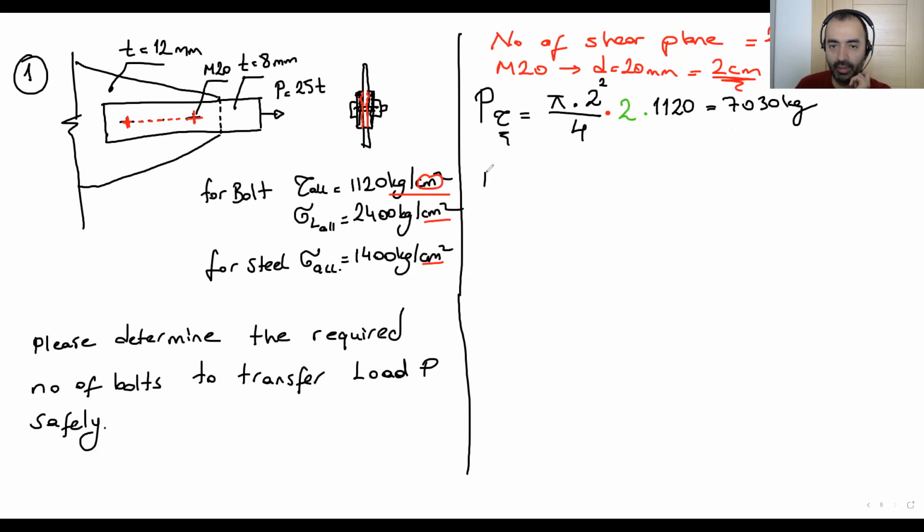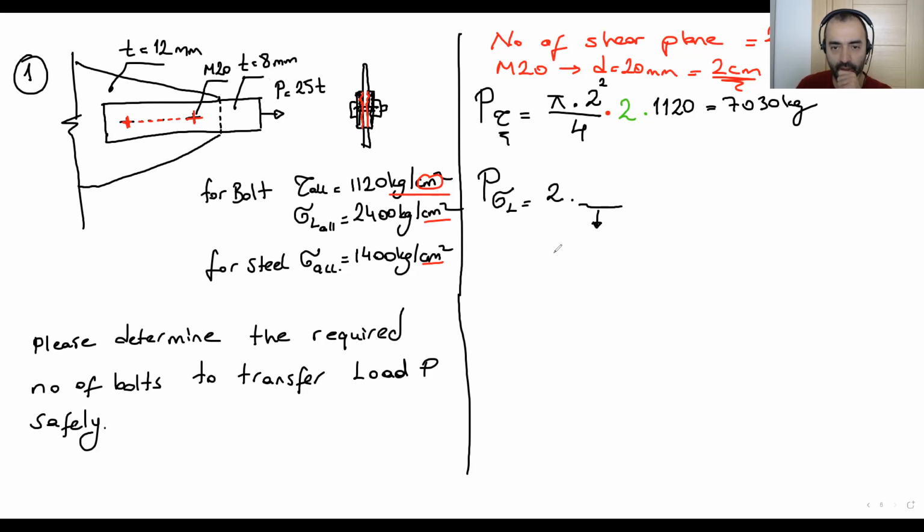Let's write the bearing capacity. D, we know D. D is the diameter of the bolt in centimeters. T min. Remember, what was it? We are gonna write it here. Let's calculate it. These two go to the right hand side.